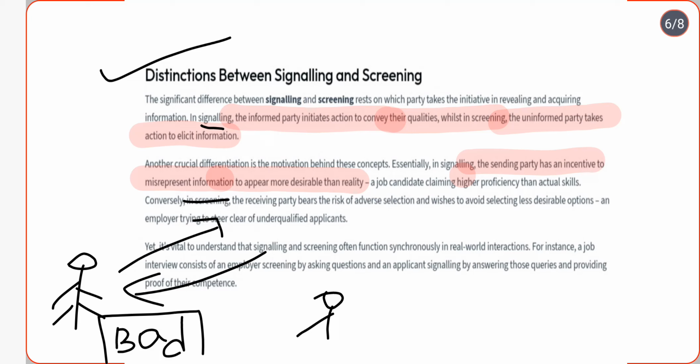In screening, the receiving party bears the risk of adverse selection and wishes to avoid selecting less desirable options, like an employer trying to steer away underqualified aspirants.